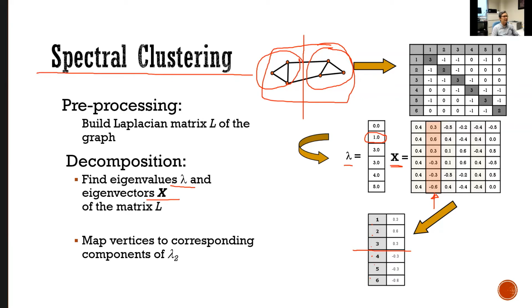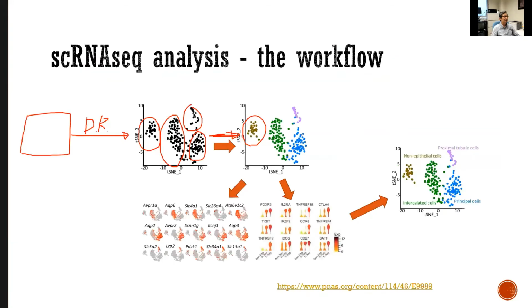Okay, now I quickly finish off the introduction of clustering algorithms. I will jump into today's lecture, and before that, let's go back to our workflow of single-cell RNA-seq analysis. Remember, we have raw data, the UMI matrix, which is the gene expression level for each gene across cells.